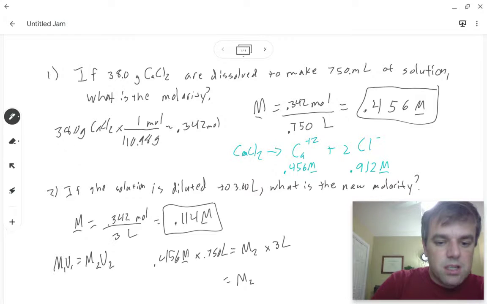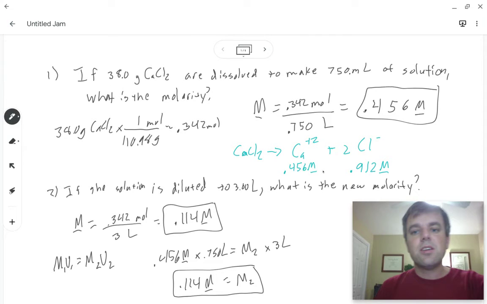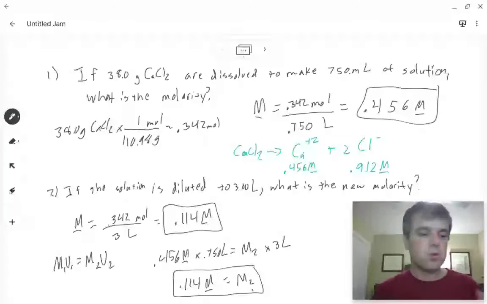Lo and behold, it comes out to be 0.114 molar. If you did not know how many moles you had in your initial solution, this would be a more direct way of finding this out if you were just given a solution and diluting.